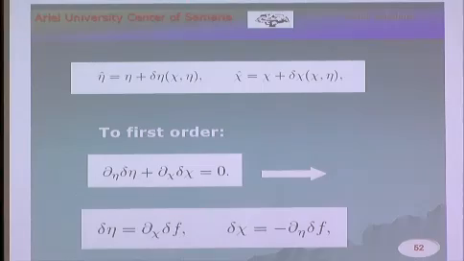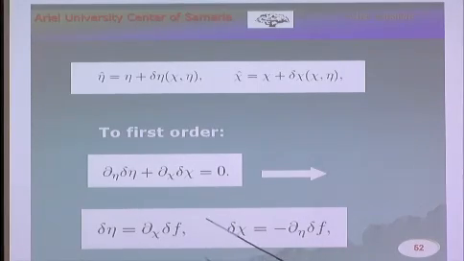And you put it into this Jacobian equal 1 constraint, and what you get is this equation below, which is like a divergence equation, div something equals 0 in those eta chi coordinates.